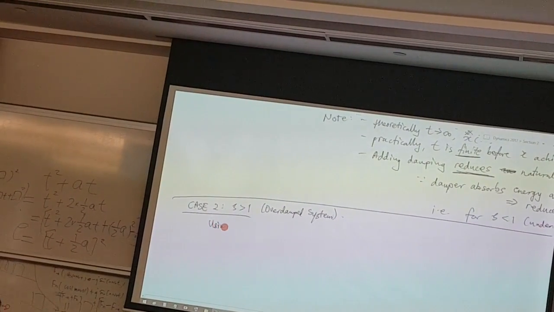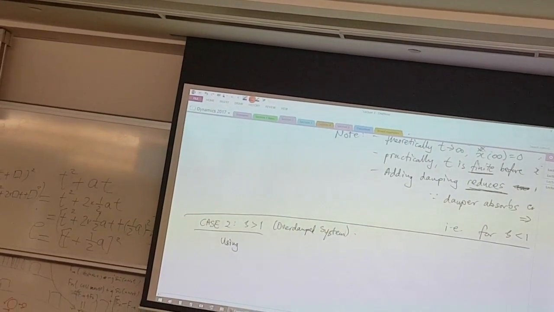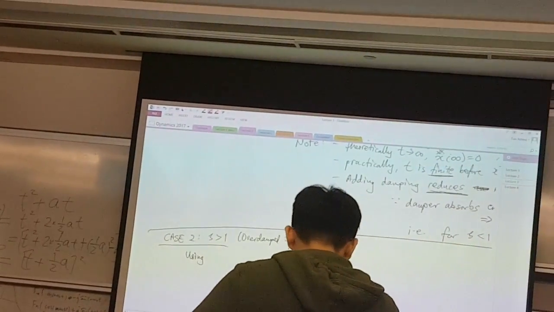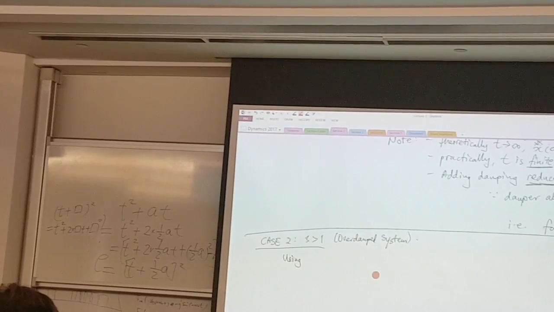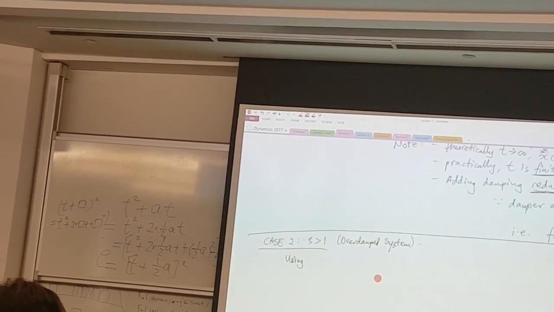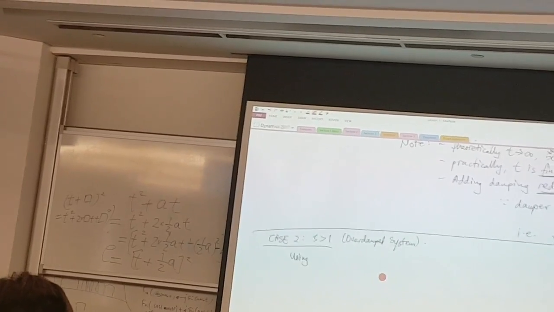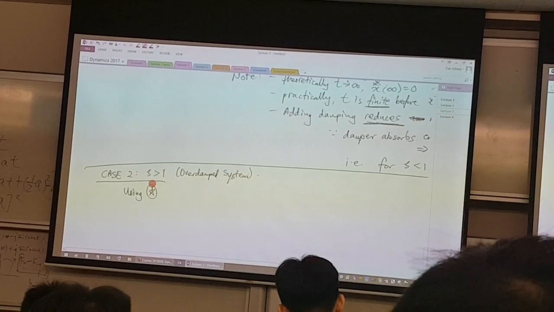So if zeta is greater than 1, this is the case where we call it a system that is overdamped. Overdamped here means that there's just too much damping. So if there's a lot of damping, then we call it overdamped, too much. Right? Overdamped. And I'll be using that equation star.